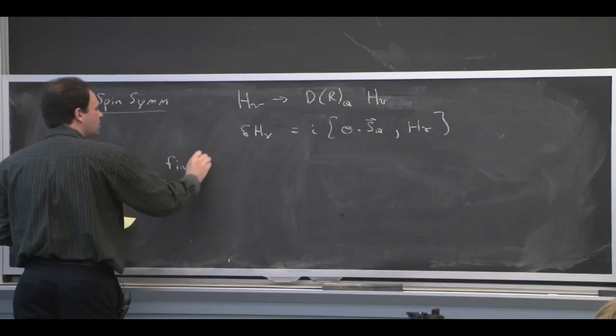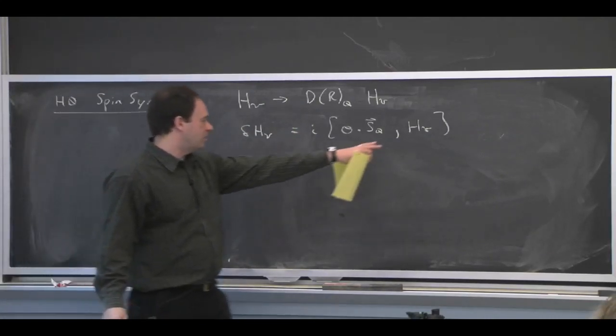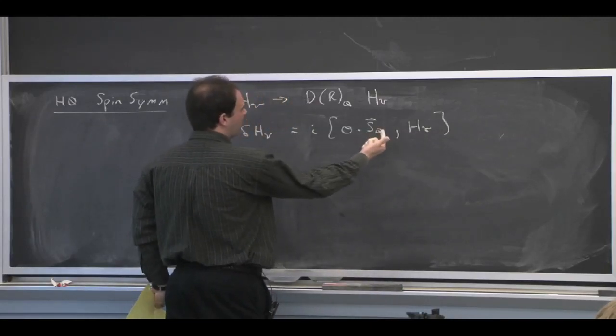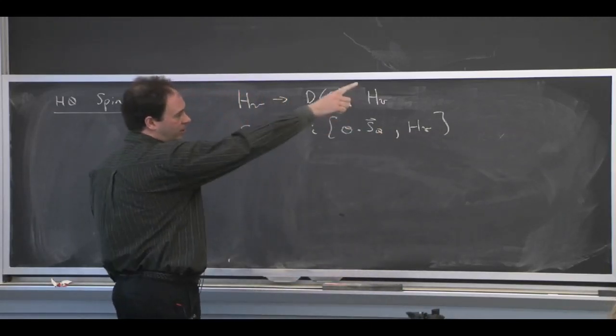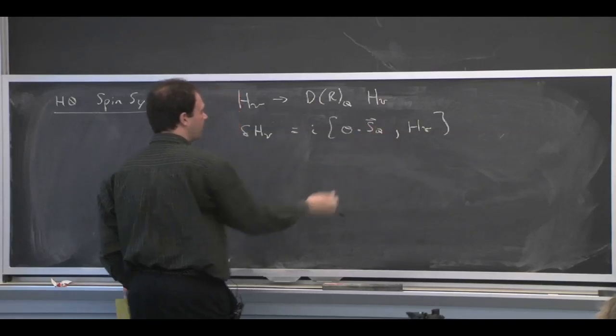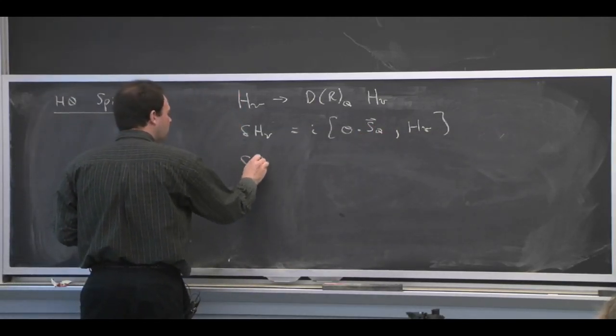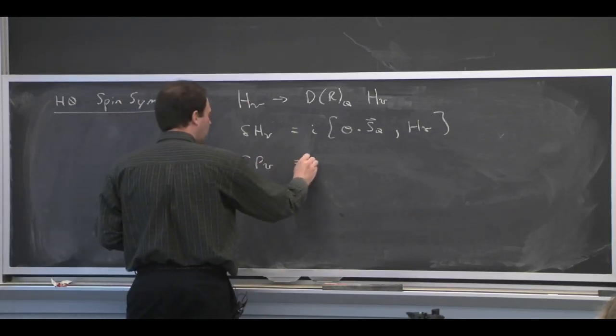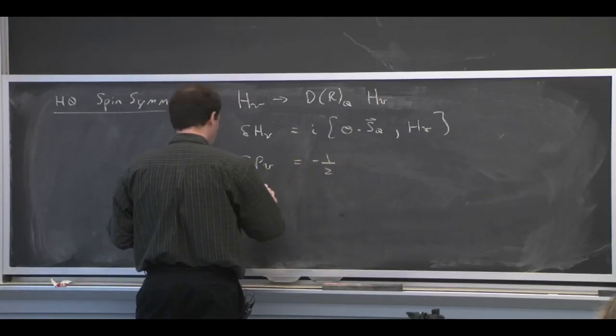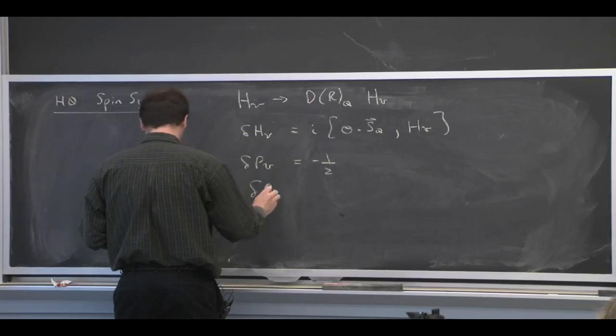So you could take this and plug in our H_v field and then just do the Dirac algebra with the gamma and the gamma 5 and simplify this thing down and work out a transformation for delta P_v and delta P_v star.